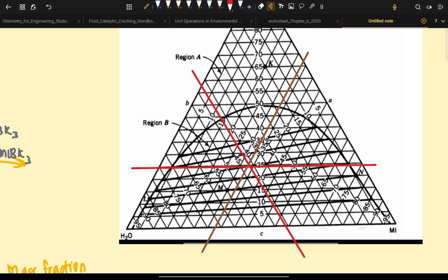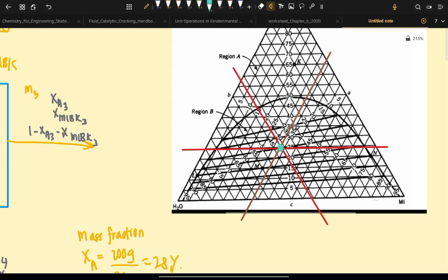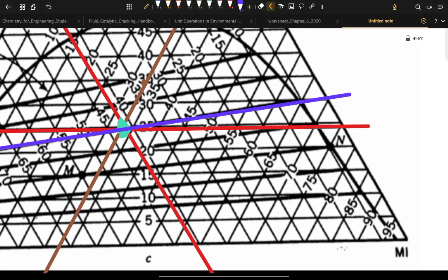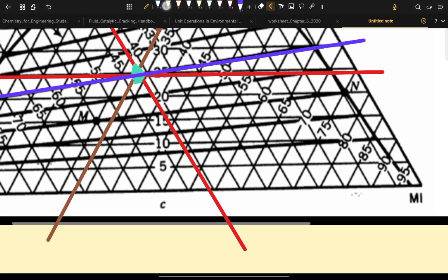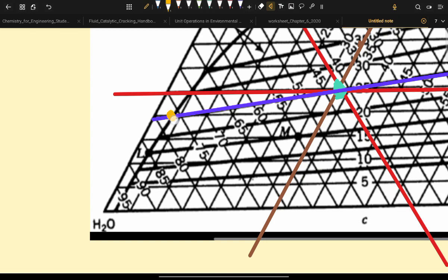Okay, and then you got the answer, like the equilibrium point, the point here, which is the intersection between three lines, and then you need to extrapolate it. Okay, and then this is your new point to get the answer.